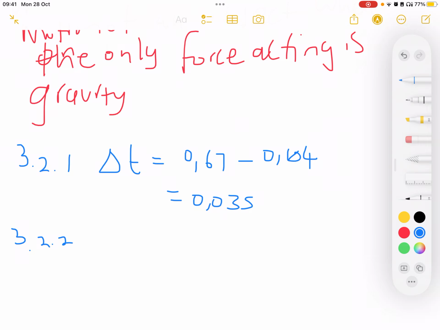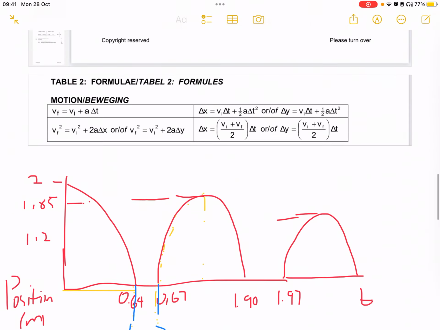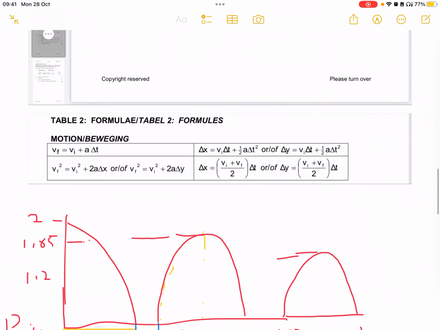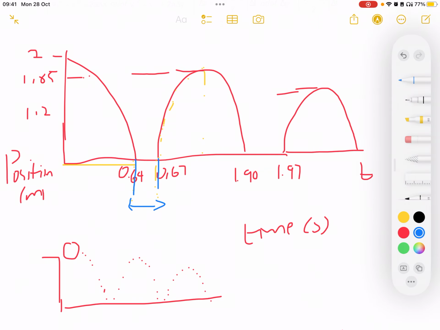Now, 3.2.2. The time it takes the ball to reach its maximum height after the first bounce. So now the first bounce has happened. First bounce happens here, where I've jotted in green. Then maximum height is somewhere here. The time it takes from first bounce to maximum height should be equal to the time it takes from maximum height to the second bounce, when it hits the floor for the second time.